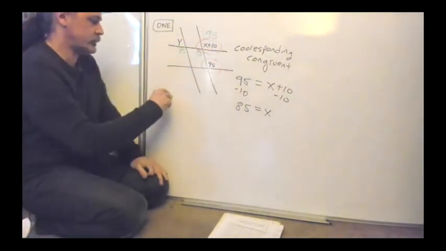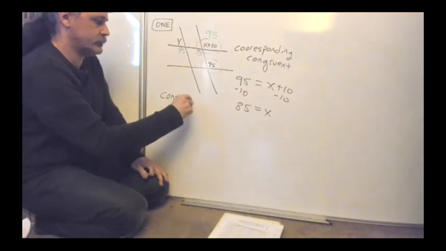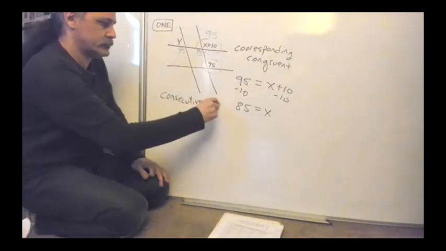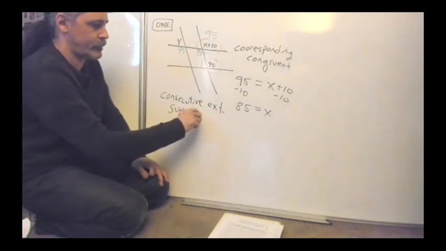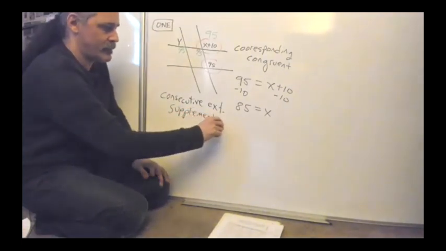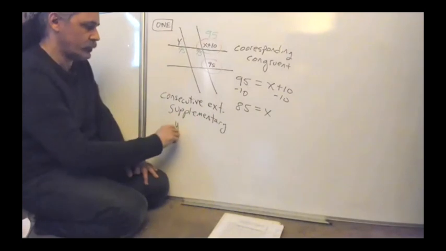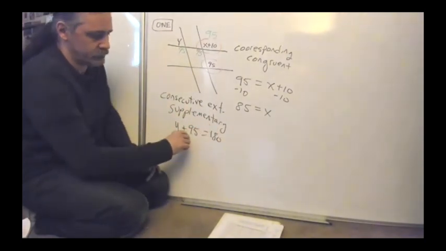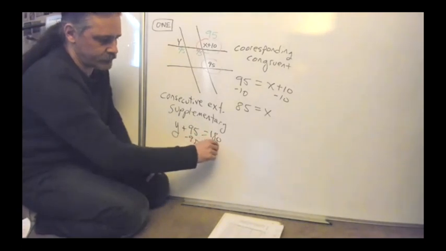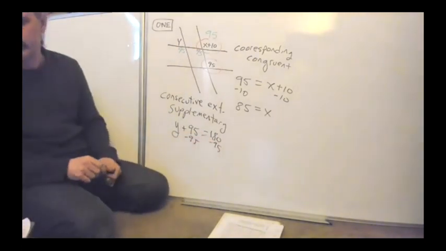So they're consecutive exterior, and I'll just abbreviate the word exterior, which means they're supplementary. All right, so that means we would solve the equation, the sum equals 180, or if you just want to do the shortcut, subtract 180 minus 95.